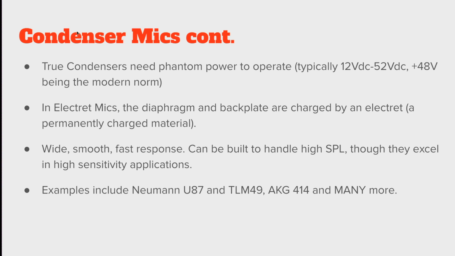So, generally speaking, condenser microphones are going to have a wide, smooth, and very fast response. They can be built to handle high sound pressure level. However, we tend to think of them as really excelling in scenarios where we have a lot of low sound pressure level signal or a very broad dynamic range.